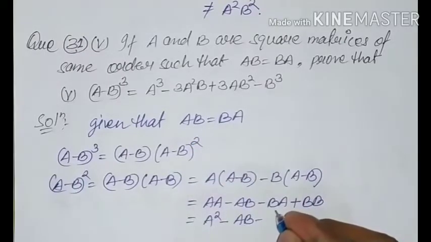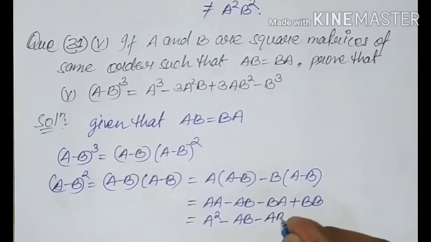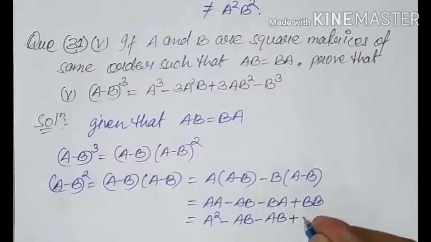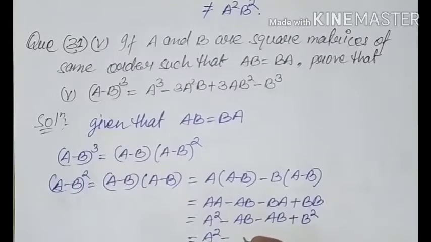That's why I'm going to write here, in place of BA, AB, plus B into B will be B square. Here A square minus AB minus AB will be A square minus 2AB plus B square. Okay, this is the value of (A minus B) whole square.